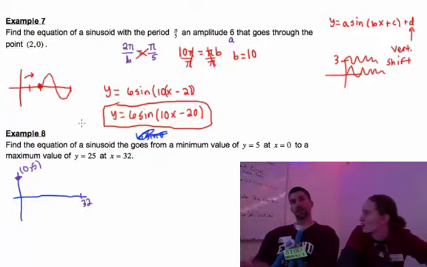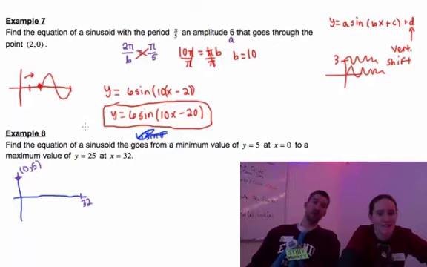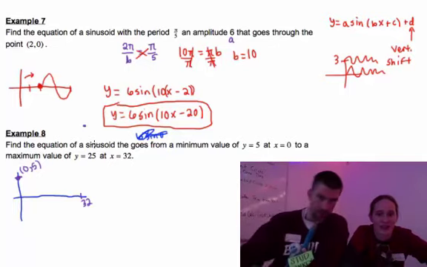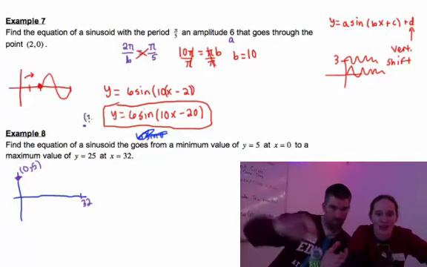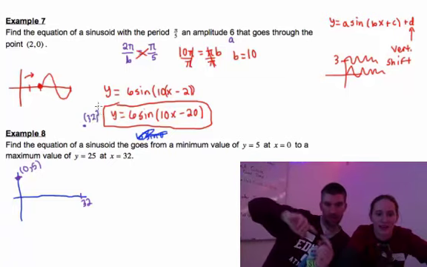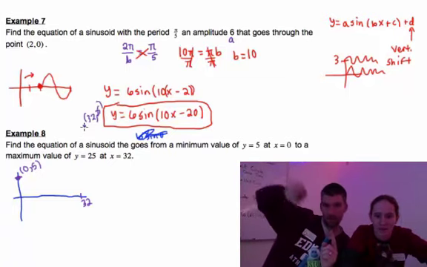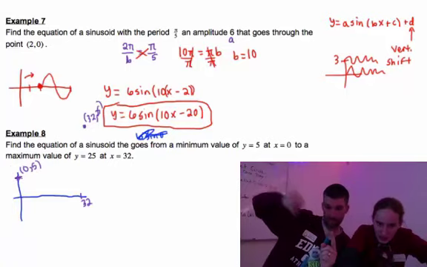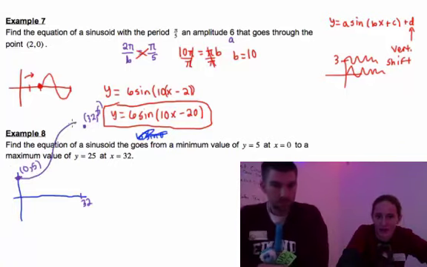We're going to start low and finish high, and that tells us this is a minimum and this is a maximum.